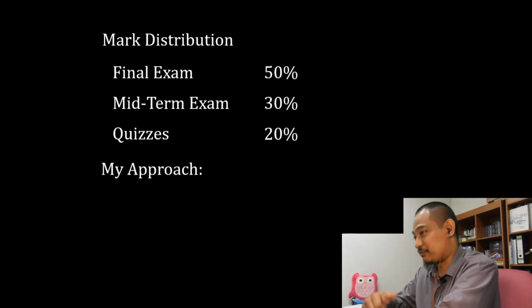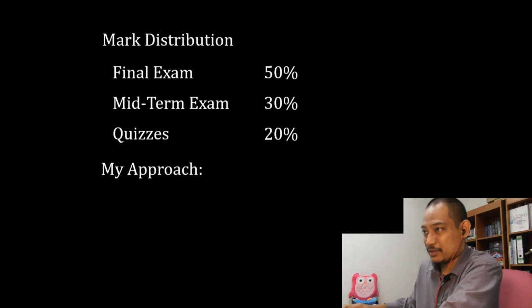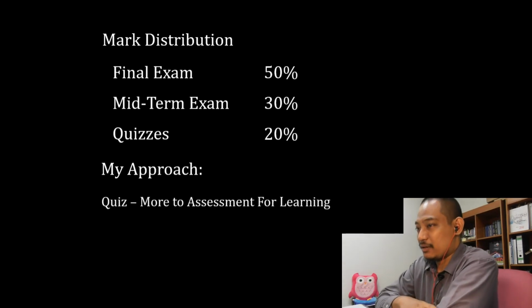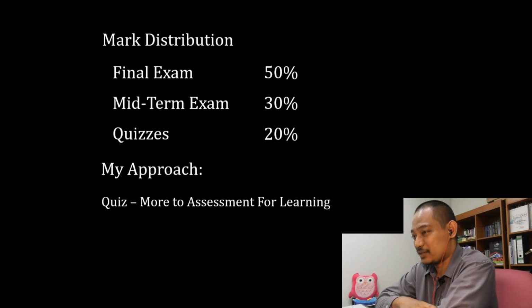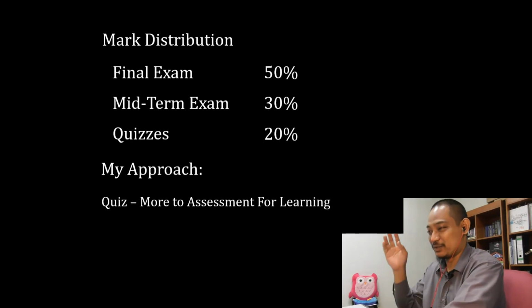The number of quizzes will be different, the type of question will be different, etc. So my approach is this. I do quizzes more towards assessment for learning. It is not just assessment of learning. It is assessment for learning. Can you differentiate? Do you know what the difference is?